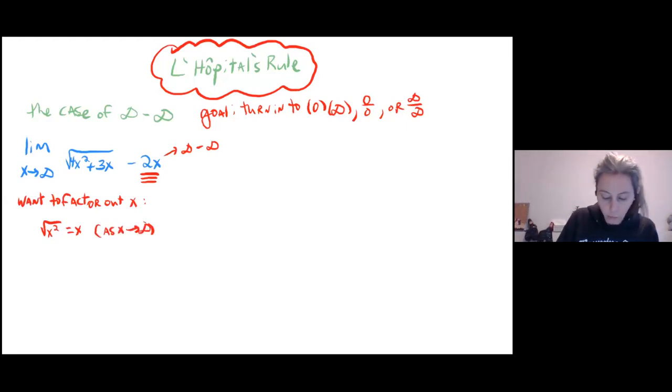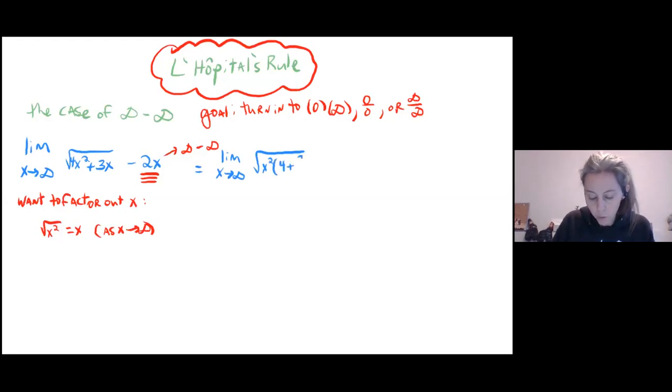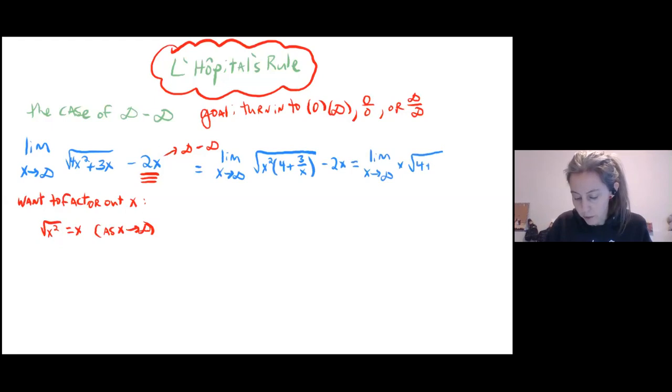So I'm going to rewrite this a little bit as the limit as x approaches infinity of the square root of x squared times 4 plus 3 over x. In other words, I'm separating that x squared away so that I can have an x to factor out of this part as well. So this gives me the limit as x approaches infinity of x times the square root of 4 plus 3 over x, minus 2x.